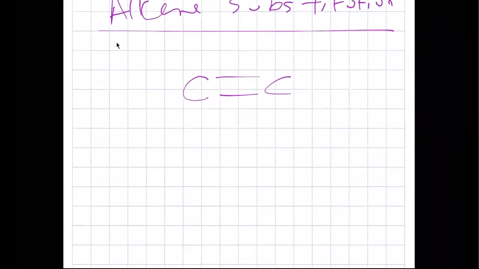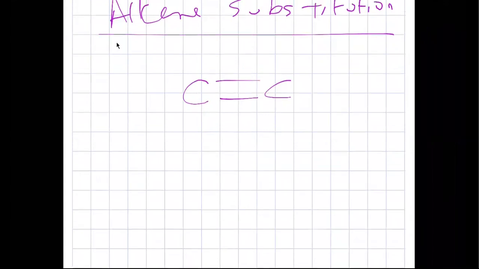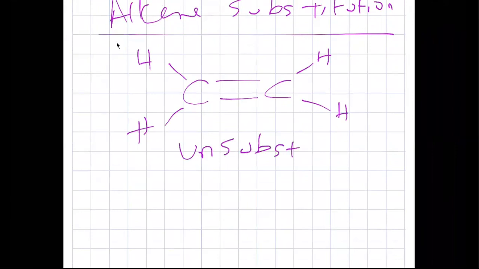You just have two carbons double bonded together. Now, if you look at that, you can actually add carbons to either side, right? If I don't have any carbons, I have all hydrogens, this alkene is unsubstituted. So I have no carbons attached to it, right?